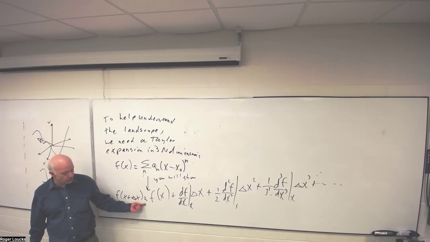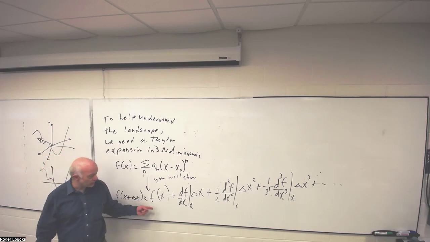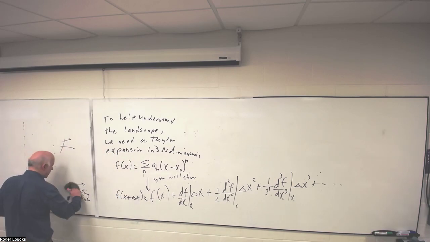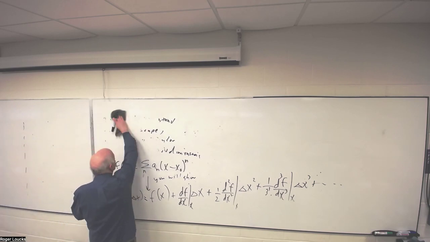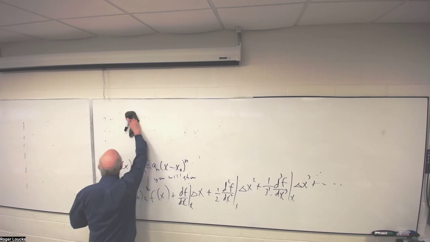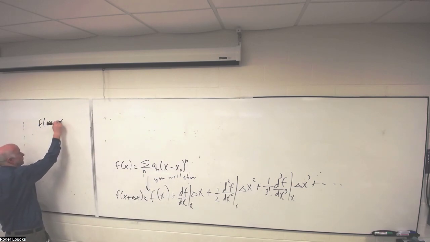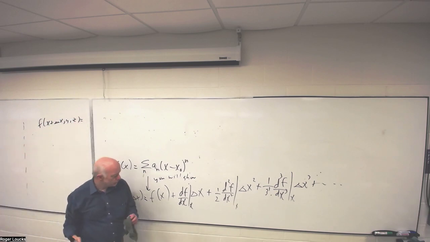Now, what did we do? We used this to derive the multivariable Taylor expansion. So what did we do? If we have this, what did we say that has to go to?